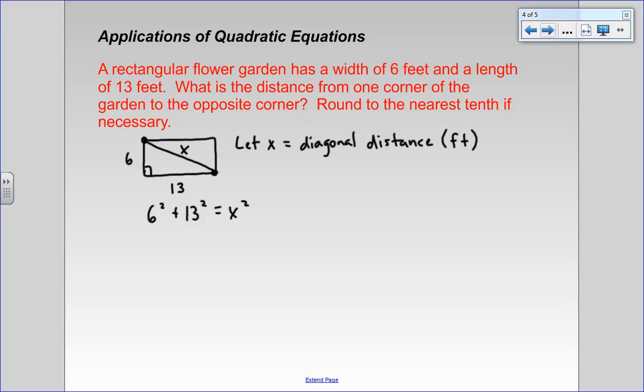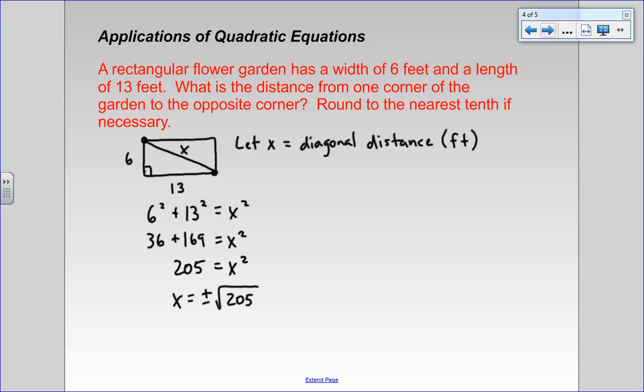And if we simplify a bit, we arrive at the equation 205 equals x squared. Now we can solve this equation by applying the principle of square roots to say that x is equal to positive or negative the square root of 205. Now, although there are 2 solutions to this quadratic equation, only one of them is reasonable in terms of the length of a flower garden.